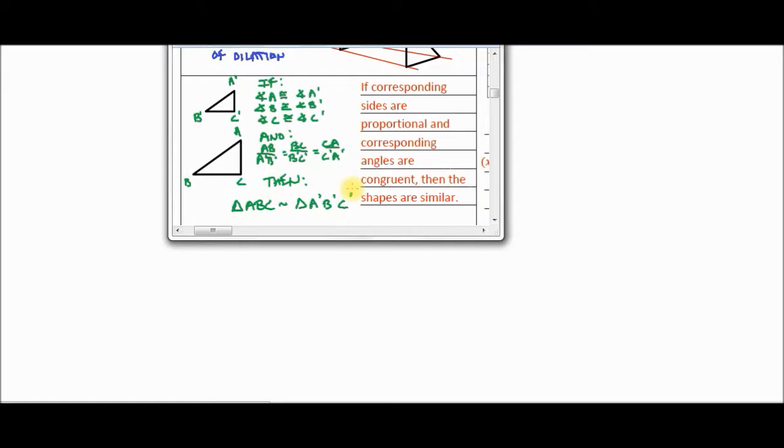So you can prove similarity by proving all the corresponding angles are congruent and all the corresponding sides are proportional. There's the second method, definitely a longer task than the first way.